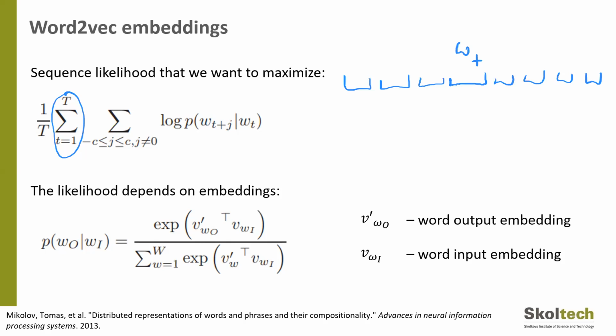So we can find, for example, the likelihood that the next word is WT plus 1 if you know the word WT. And so for all words within a range defined by the constant C, and I suppose the typical value of C is something like 5. So it's the size of the neighborhood, how many words to each side of the word we are looking at.